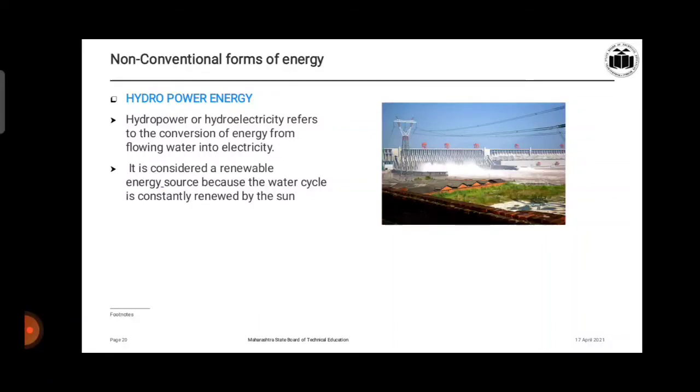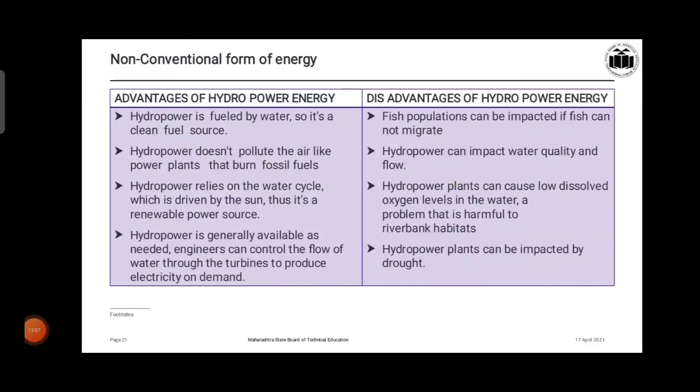Hydroelectricity refers to the conversion of energy from flowing water into electricity. It is considered a renewable energy source, and because of the water cycle it is constantly renewed by the sun. Advantages of hydropower energy: hydropower is fed by water, so it's a clean fuel source.